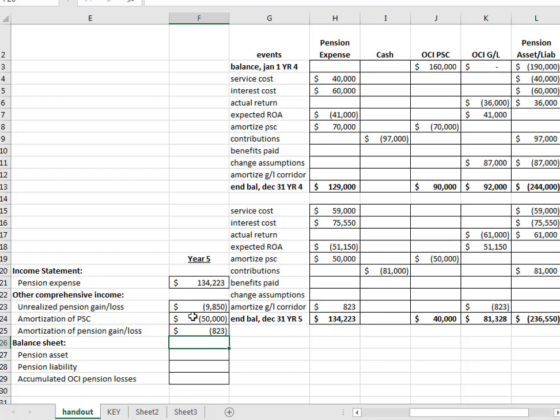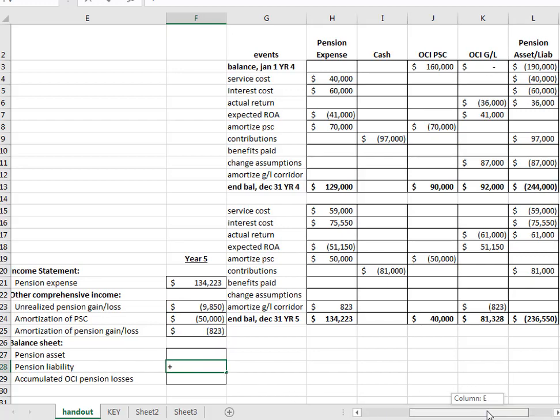Here we're just indicating that it's a credit. But on the financial statement itself, the line item description would tell you if it's unrealized gain or unrealized loss, and so you wouldn't need the brackets to reveal that. We're not going to have a pension asset, we have a pension liability.